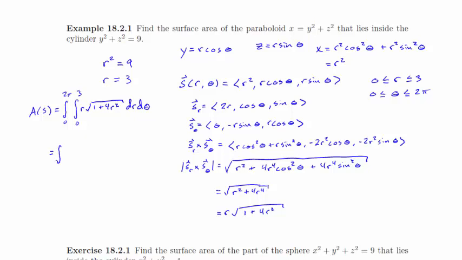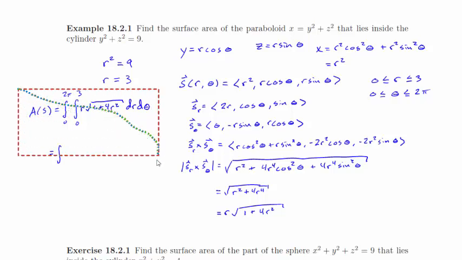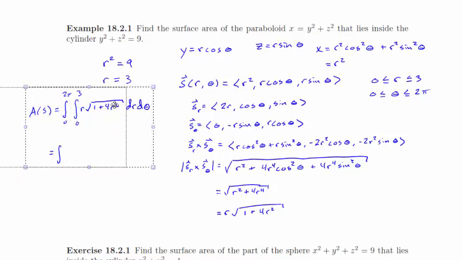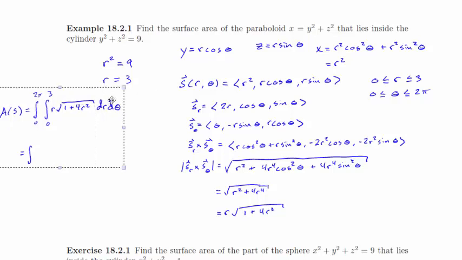Let's see, I need room for a substitution. Let's move this to my left. So let's let u equal 1 plus 4r squared, so du equals 8r dr. So we'll have a 1/8 that gets thrown in here.